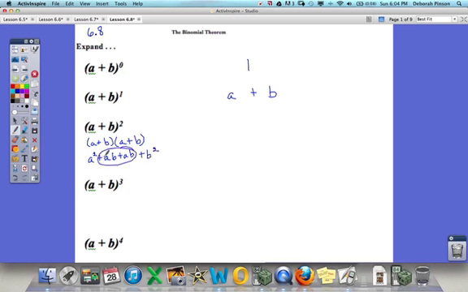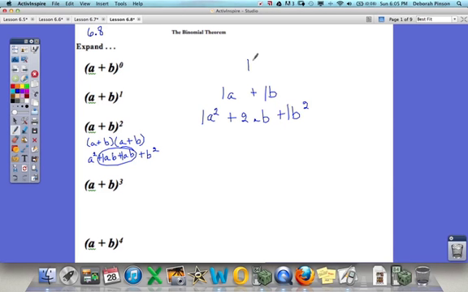So combine like terms here, and I would get a squared plus 2ab plus b squared. Now I could keep going here. I don't want to take forever on this, but I just want you to see your coefficients here. I'm going to go ahead and put the ones in.